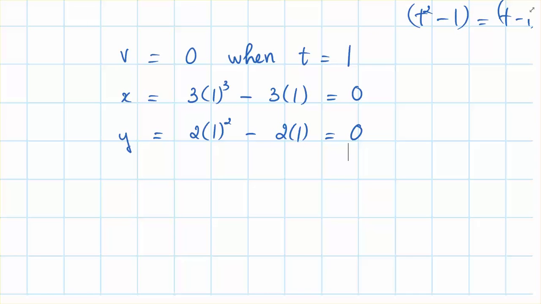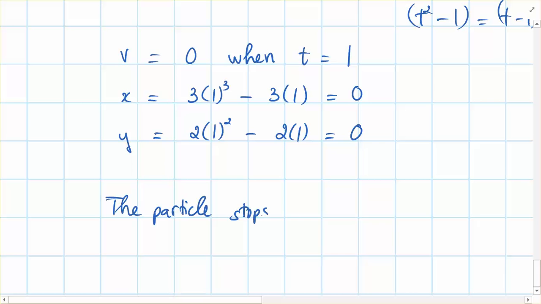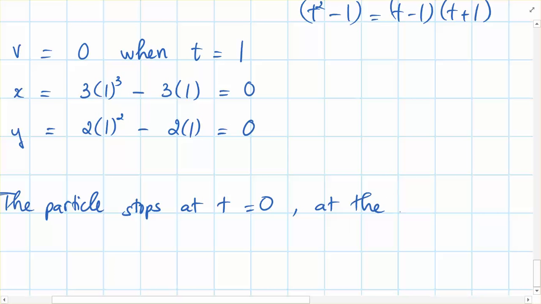So the particle stops at t equals 1 and at the point (0, 0).